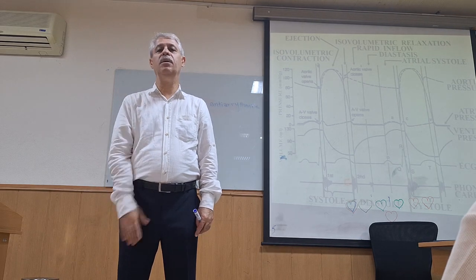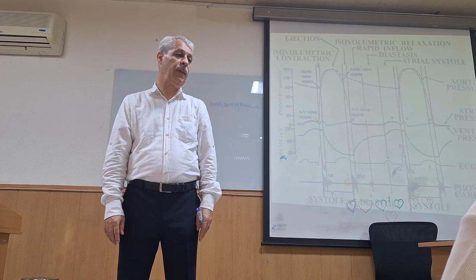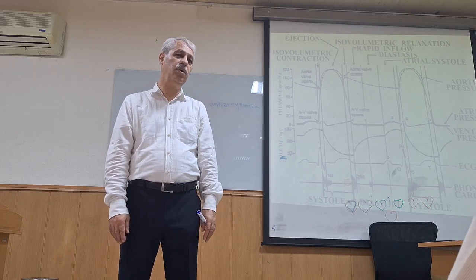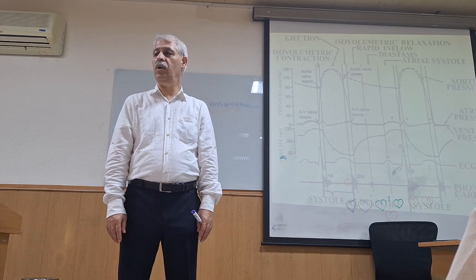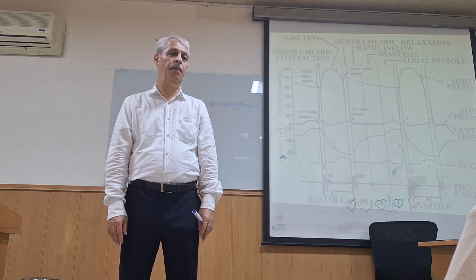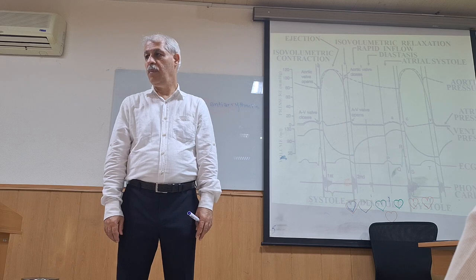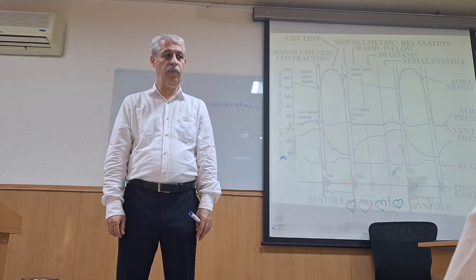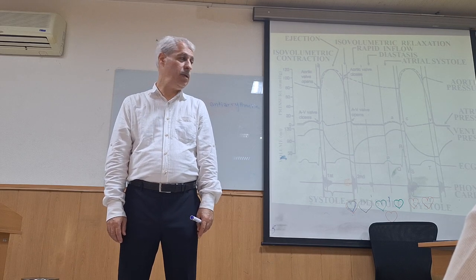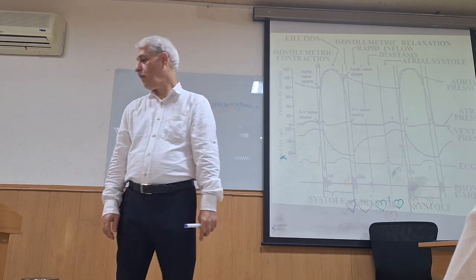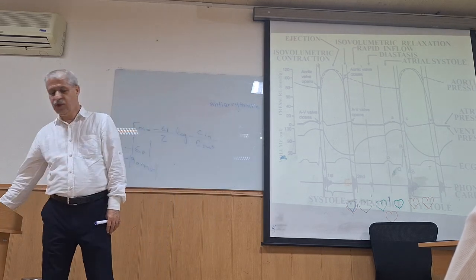If you increase the blood pressure, there is a trend in the book. If you increase it up to 160, cardiac output doesn't change. But from that point on, cardiac output will decrease. That was mentioned first.